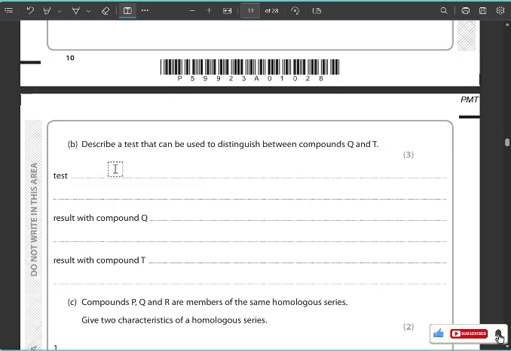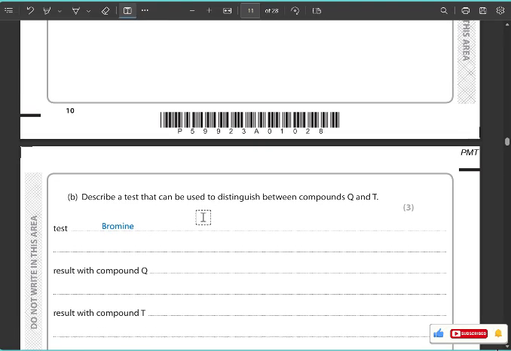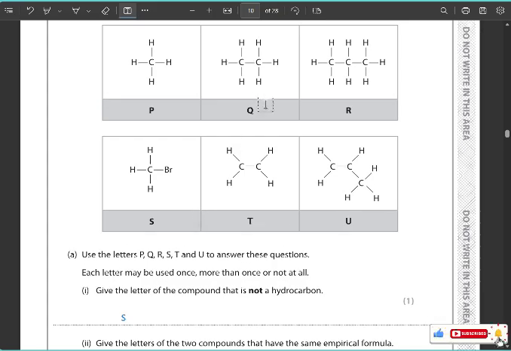Okay, the test is bromine water, for distinguishing alkanes and alkenes. The result is that compound Q doesn't contain any double bonds.